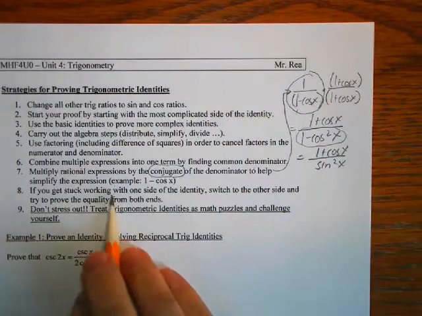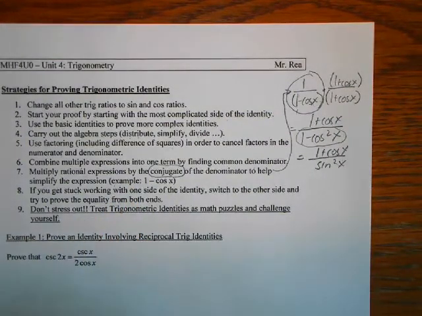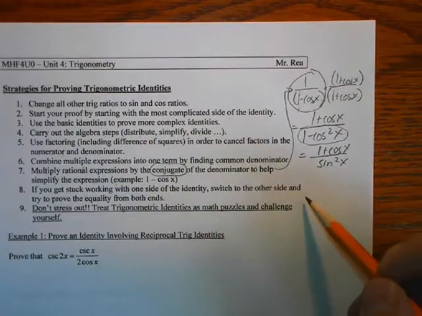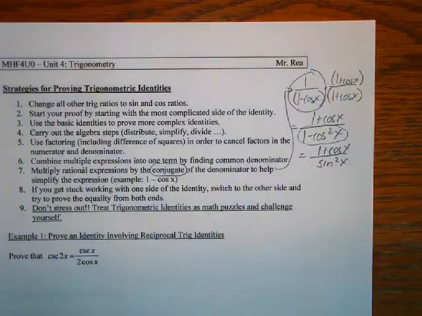Okay, so that's a very important strategy. If you get stuck working with one side, switch to the other side and try working from that end. Sometimes you can prove an identity from both sides. So you could come up with an intermediate expression on both sides.